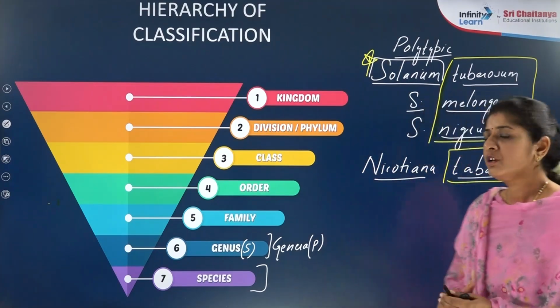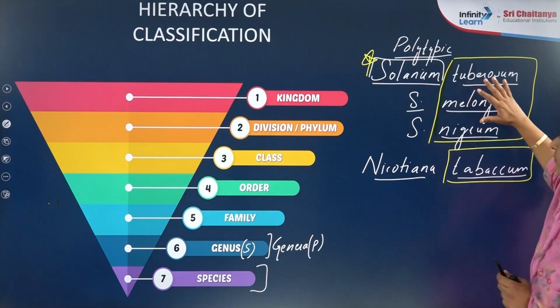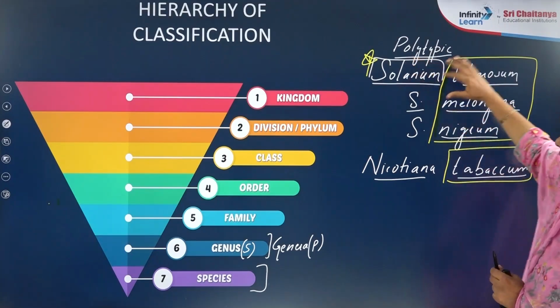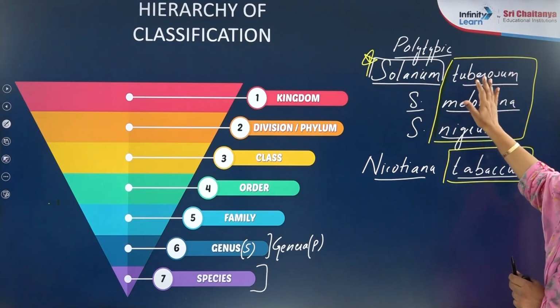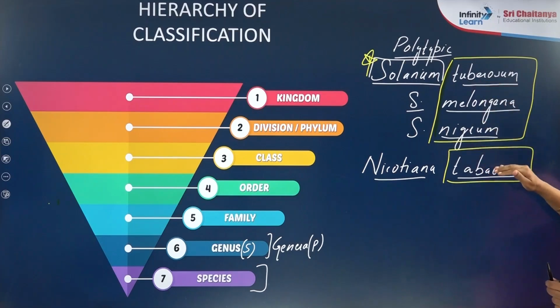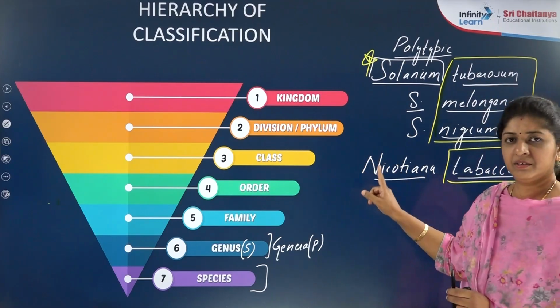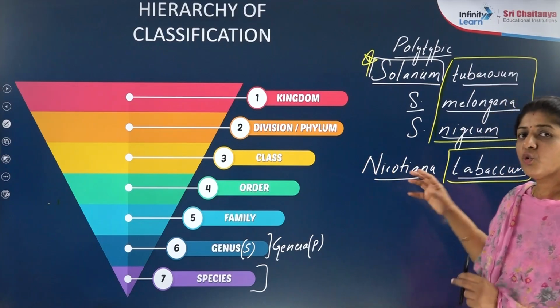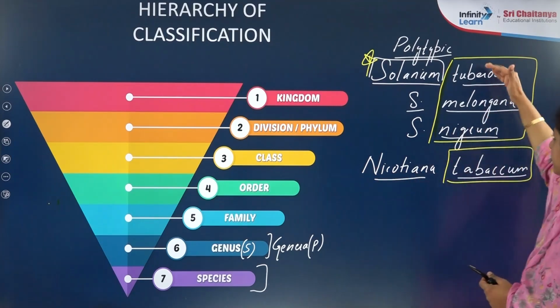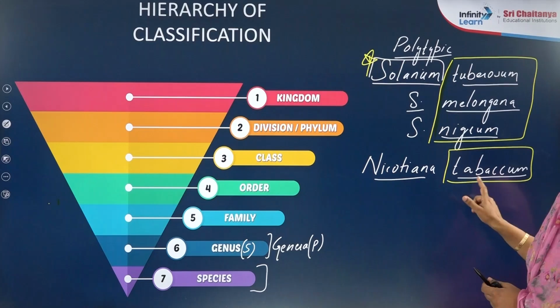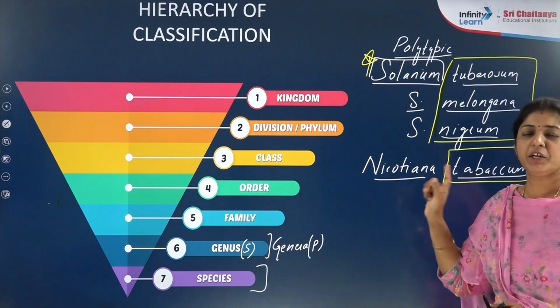Are you getting my point? So the categories under one higher category have more similarity as compared to this species, right? Because this is coming under another genus. So who has more similarities here? These species, not tabacum, because tabacum is coming under Nicotiana.